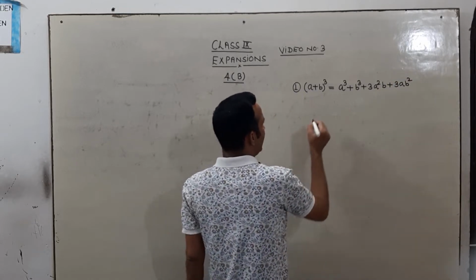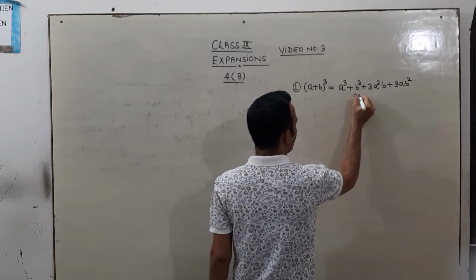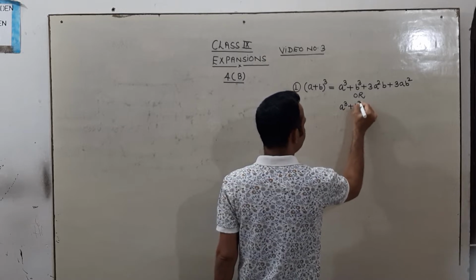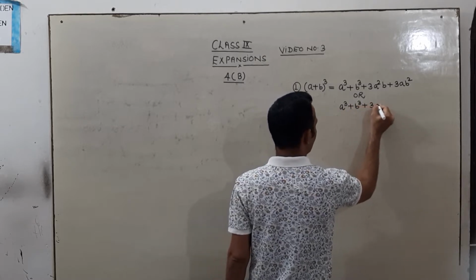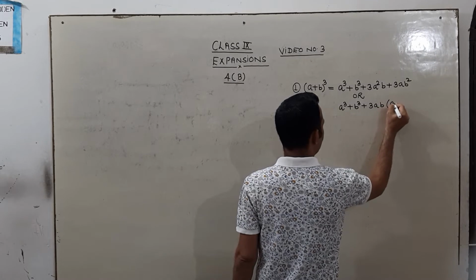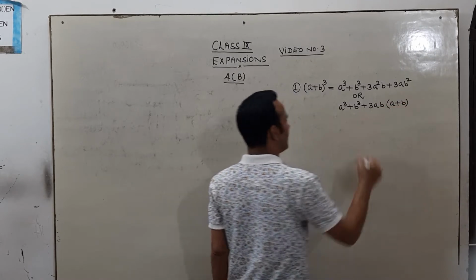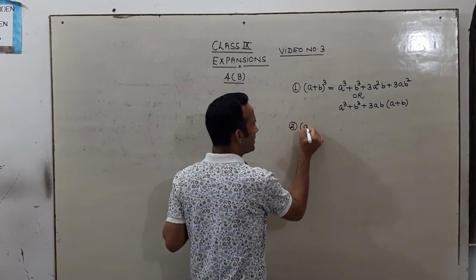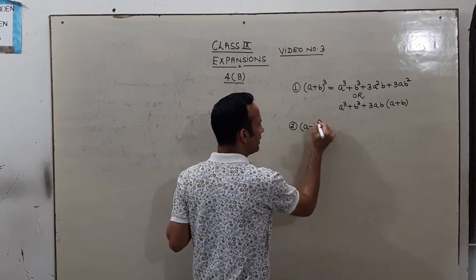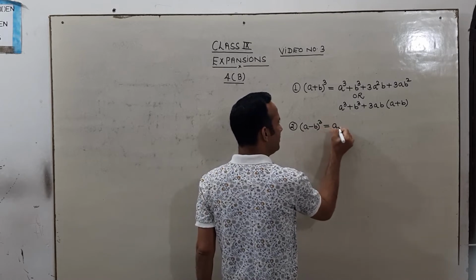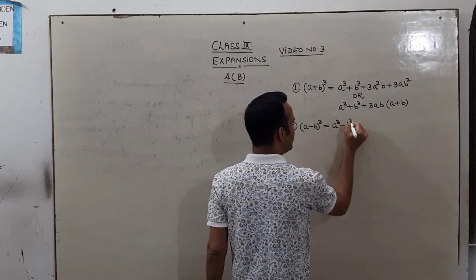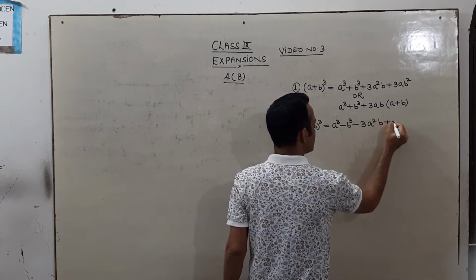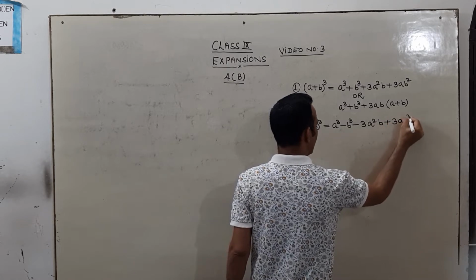It can also be written as a cube + b cube + 3ab multiplied with (a + b). See the second concept. (a - b) whole cube is equal to a cube - b cube - 3a square b + 3ab square.